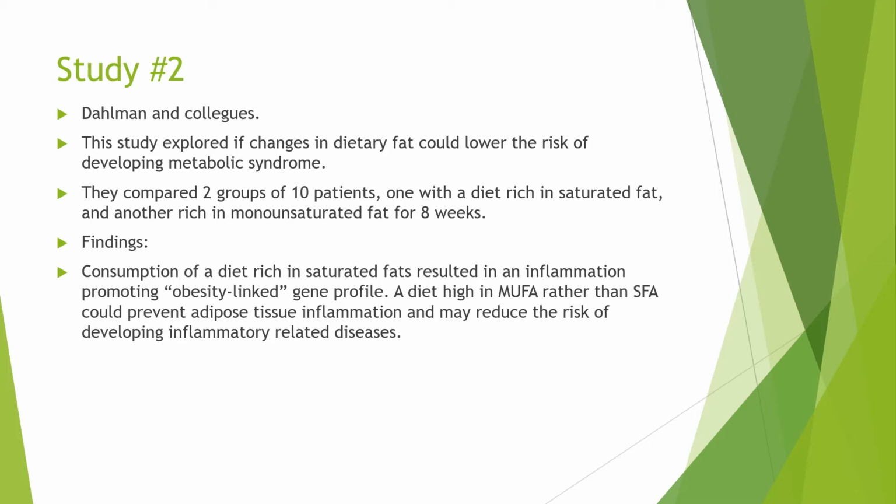The findings were that consumption of a diet rich in saturated fats resulted in an inflammation-promoting, obesity-linked gene profile. A diet high in monounsaturated fatty acids rather than saturated fatty acids could prevent adipose tissue inflammation and may reduce the risk of developing inflammatory-related diseases.